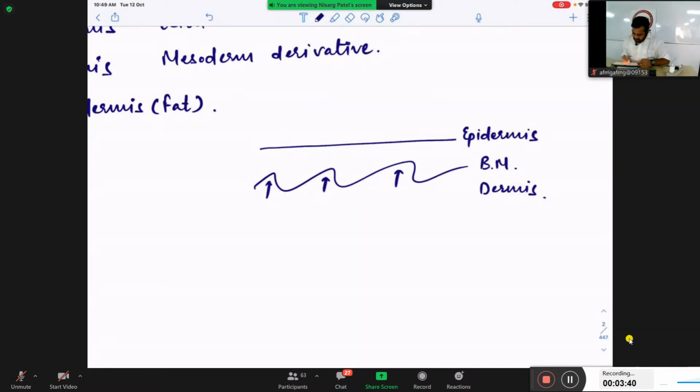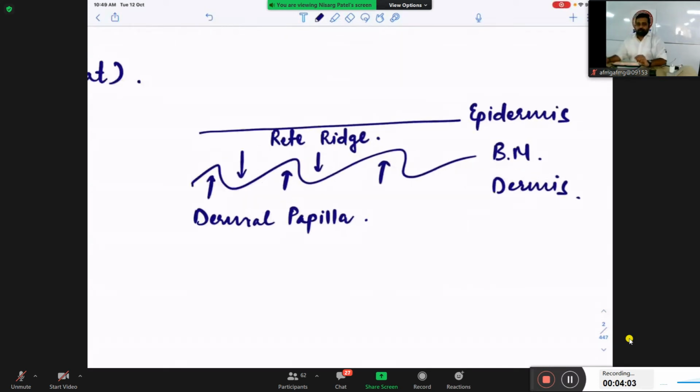In this wavy line, these elevations are known as dermal papillae, and these depressions are known as rete ridges. Finger-like projections from the dermis into the epidermis are dermal papillae, and the depressions, rete ridges, belong to the epidermis.